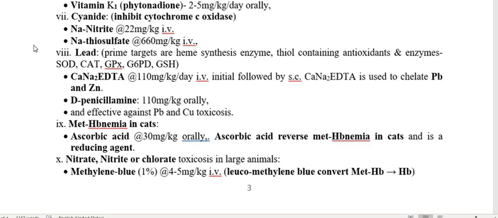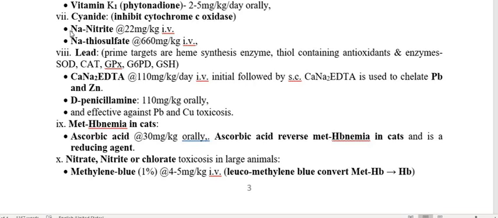Therefore, as an antidote of cyanide toxicity, we use sodium nitrite and sodium thiosulfate at the dose rate of 22 mg per kg intravenously and 60 mg per kg intravenously respectively.